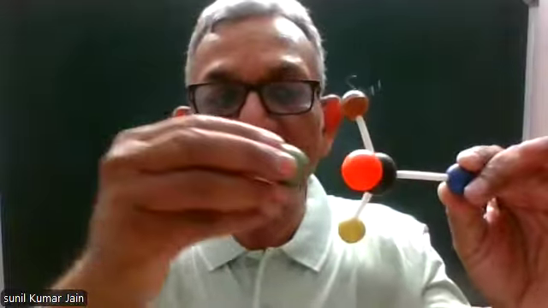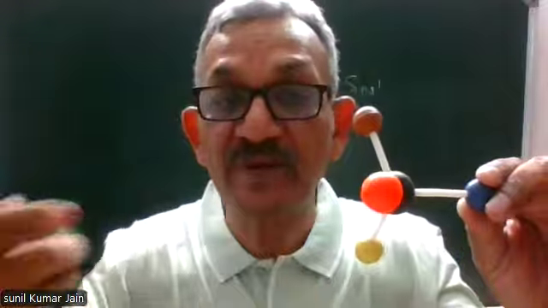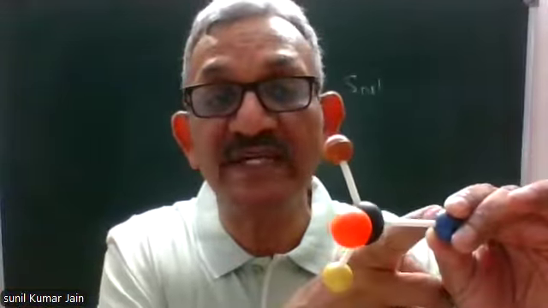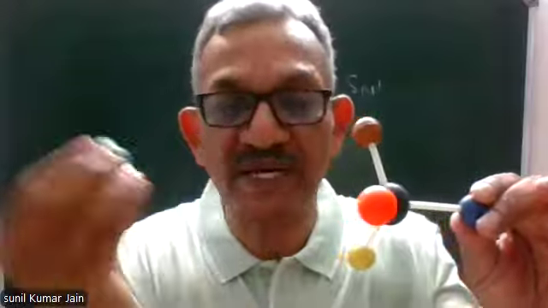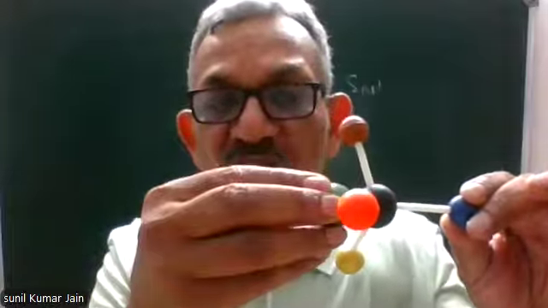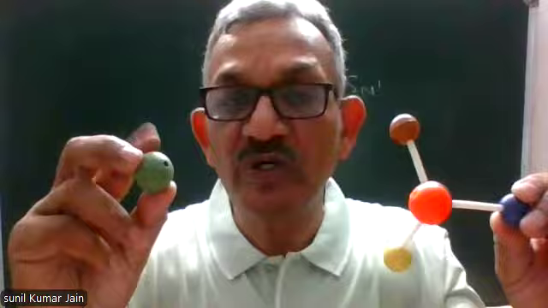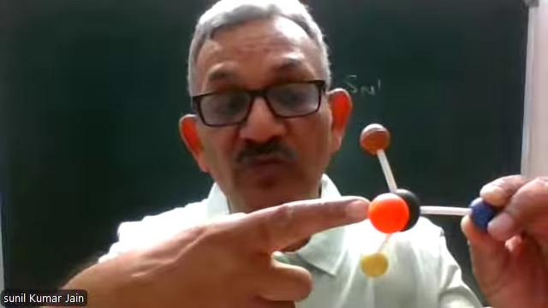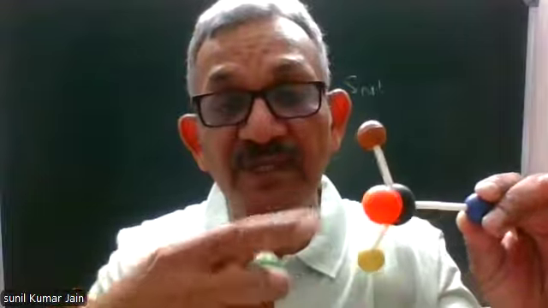So when the nucleophile attacks the alpha carbon atom from the backside, backside means the side opposite to the side where the halogen is attached. When it attacks from the backside, this nucleophile will give its lone pair of electrons. That lone pair will be used to form a bond with this carbon.